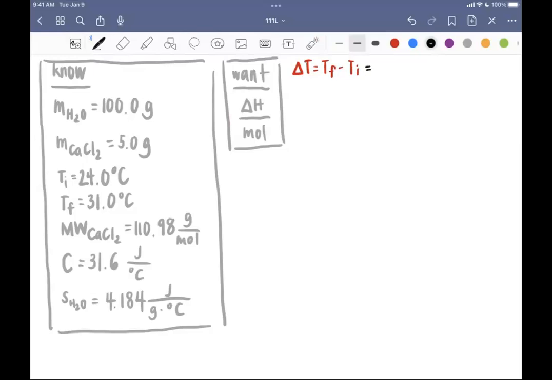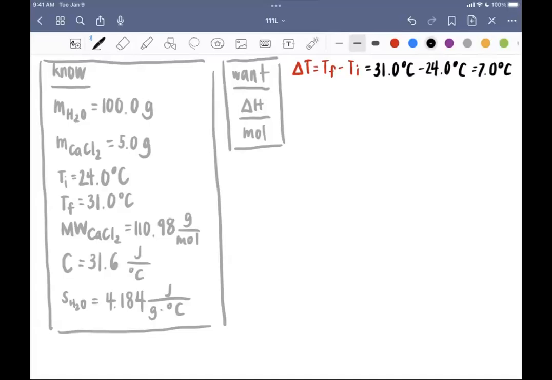So inputting our final temperature of 31.0 degrees Celsius minus the initial of 24.0 degrees Celsius, that gives us a temperature change of 7.0 degrees Celsius.